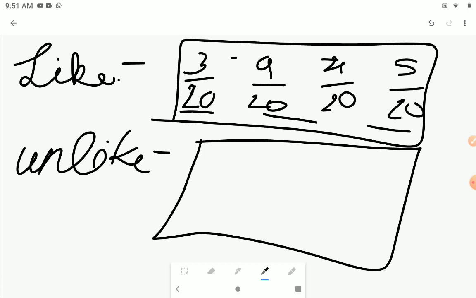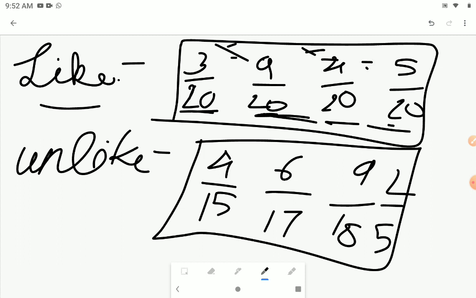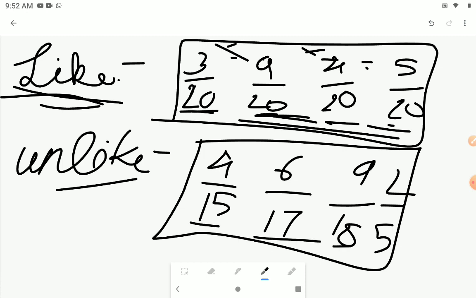Now if we talk about unlike fractions, they are 4/15, 6/17, 9/18, 2/5. In the like fractions we have 20, 20, 20 as denominators, so it is a like fraction. In the unlike fractions you can see 15, 17, 18, 5.